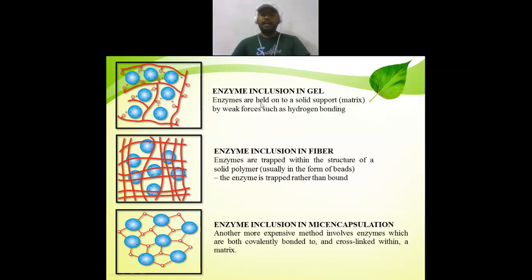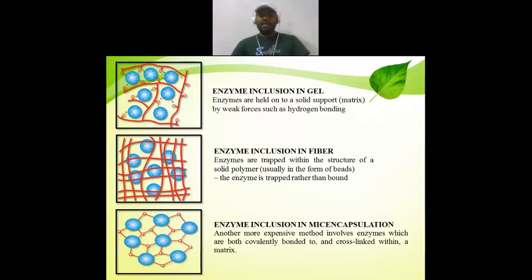The enzymes are held on a solid support, that is the matrix, by weak forces such as hydrogen bonding. So due to hydrogen bonding, enzymes are held on the solid matrix or solid support. In enzyme inclusion in fiber, they are trapped within a structure of a solid polymer. They are not bonded with any bond, but they are trapped within a solid structure.